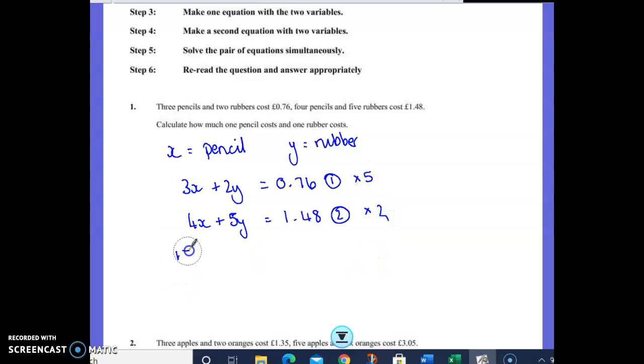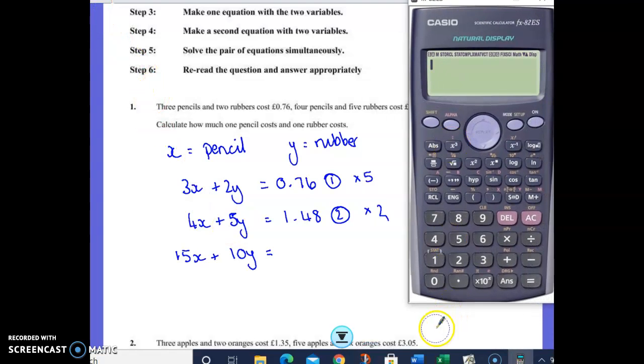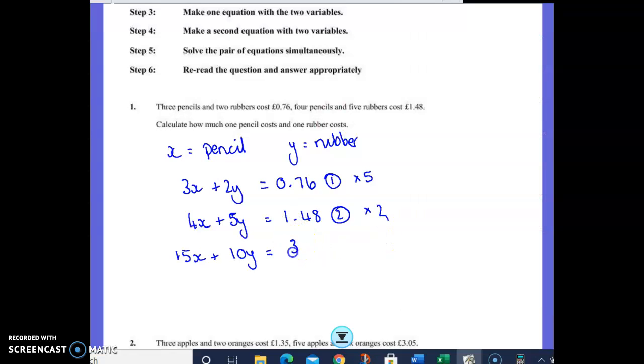Multiplying by 5 then, we get 15x plus 10y, equals, and let's get our calculator out for this part. That's £3.80. There's my new equation 3.